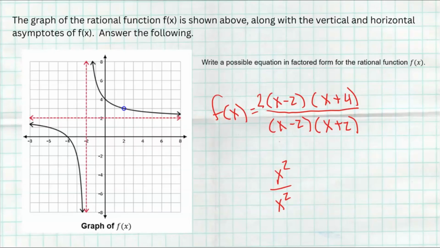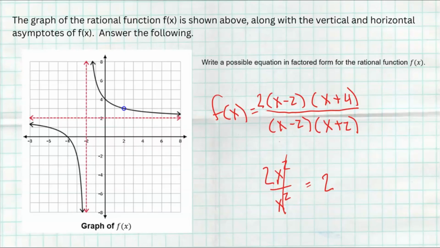That's not going to affect my hole, my vertical asymptote, or my 0, but now my leading term on top is going to be 2x squared, and when I divide those leading terms, the x squared is reduced to a 1, and I just get 2, which is going to produce an end behavior of 2 because of the horizontal asymptote at 2. So those adjustments right there should be enough to write a possible equation in factored form for this rational function. All right, that's it for that question.